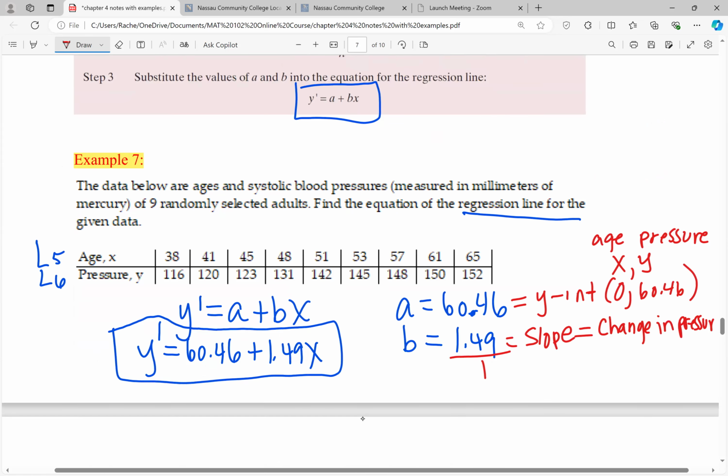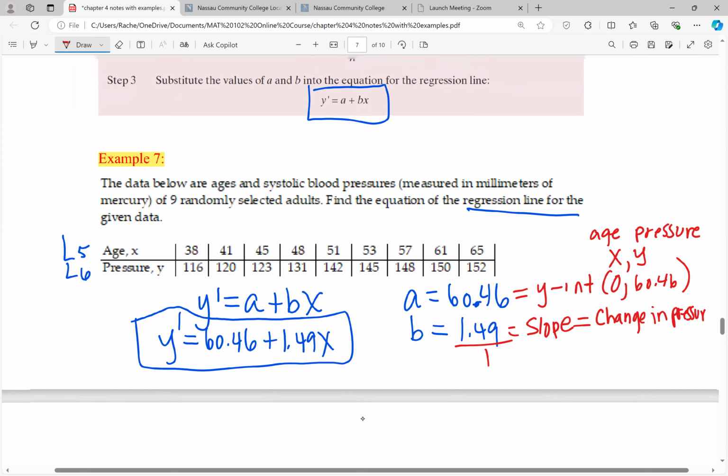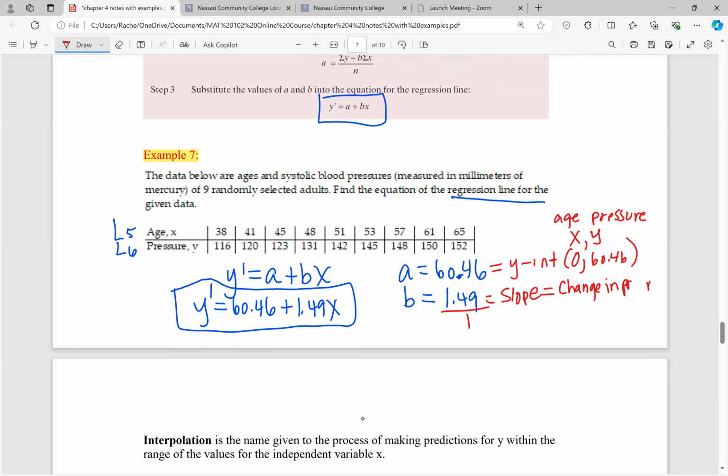Let me make this a little smaller so I could fit this. Okay. So this is going to be change in pressure with respect to the change in our x values, right? Where x in this case is age. And age we're assuming is in years.